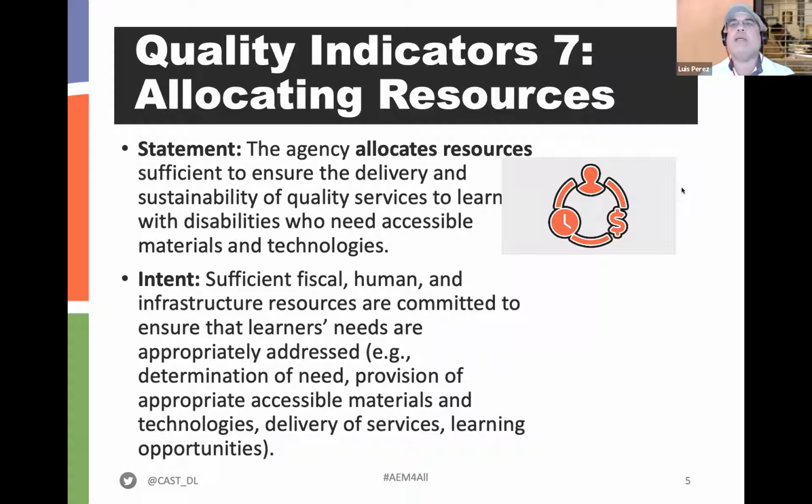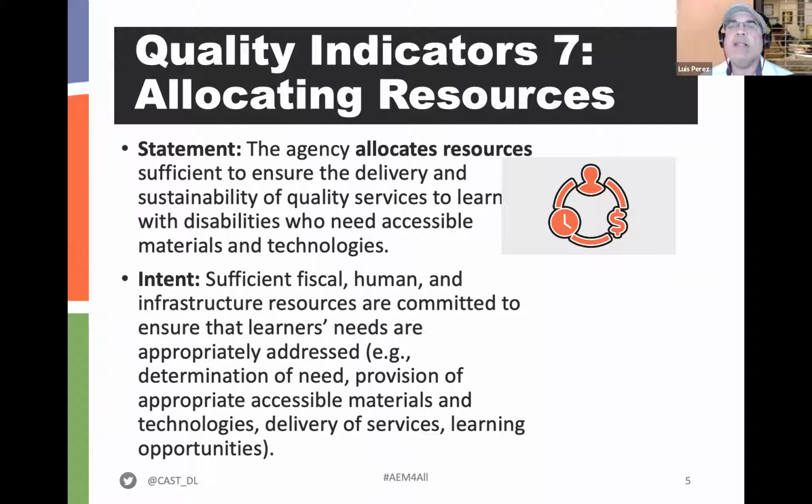All right, so as I said at the beginning, today we're going to be looking at quality indicator 7, allocating resources. So just to get us all on the same page here, I want to go over the statement and the intent. So first, the statement. The statement is that the agency allocates resources that are sufficient to ensure the delivery and sustainability of quality services to learners with disabilities who need accessible materials and technologies.